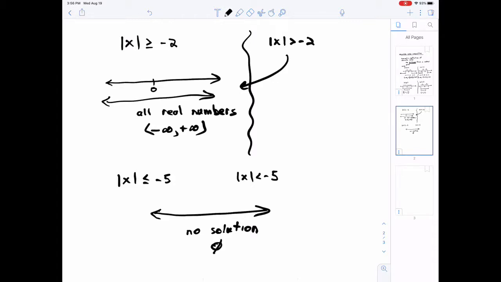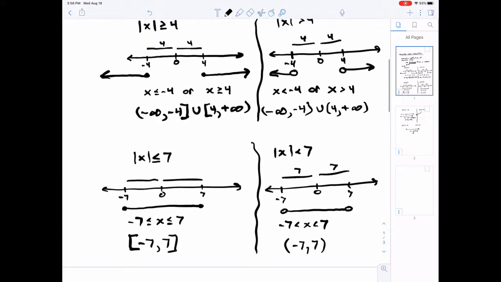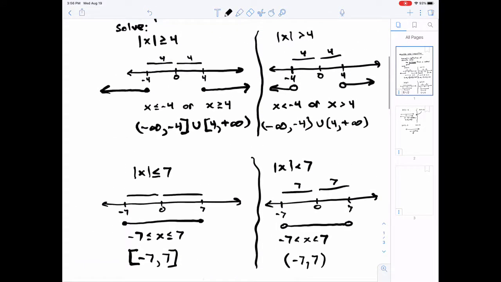Again, when you're doing this geometrically, you have to read the absolute value as the word distance. So up here, first problem, the distance is greater than or equal to 4.